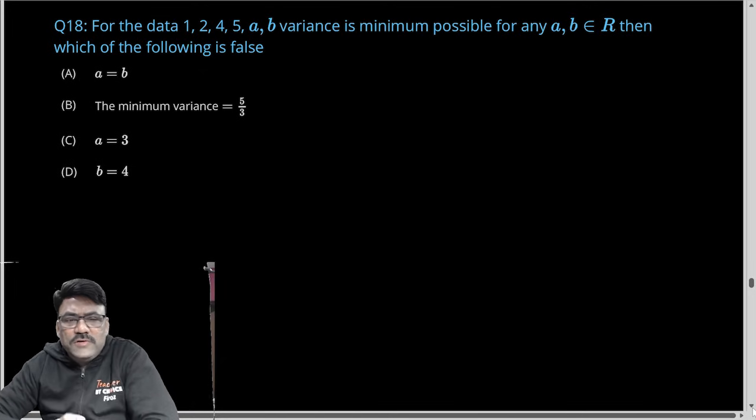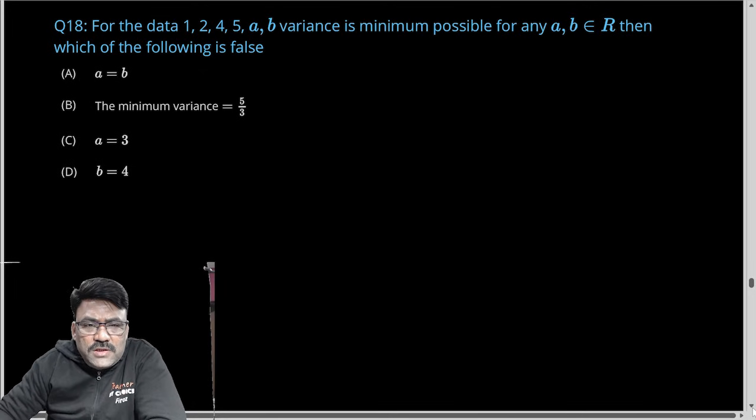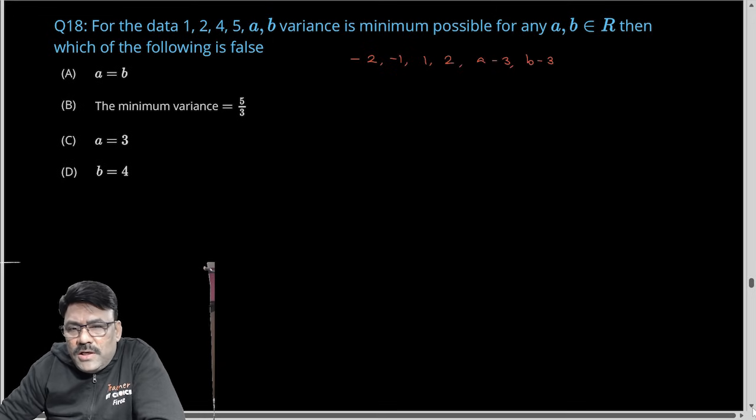So what I'm doing, just for the sake of convenience, let's subtract 3 from each observation. So if I subtract 3 from each observation, I'm getting -2, -1, 1, 2, a minus 3, b minus 3. And let's suppose this a minus 3 is x, b minus 3 is y.